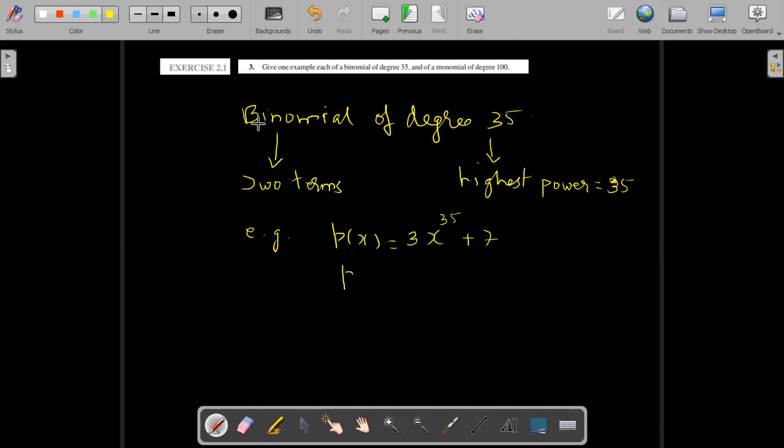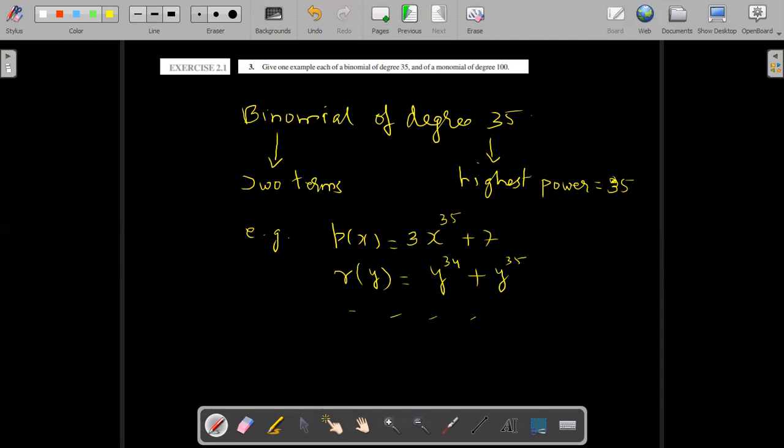We can write another also, any one example. Ry is equal to y raised to power 34 plus y raised to power 35. This is also a binomial of degree 35. Like this, we can give many examples.